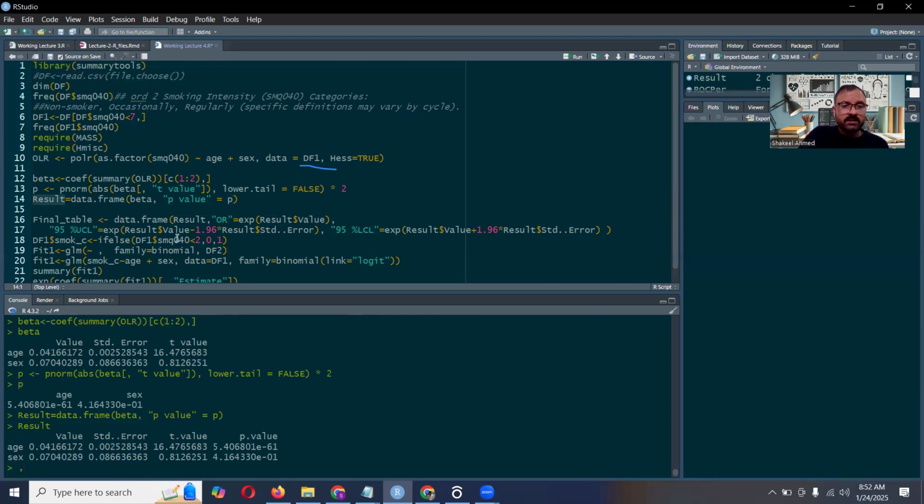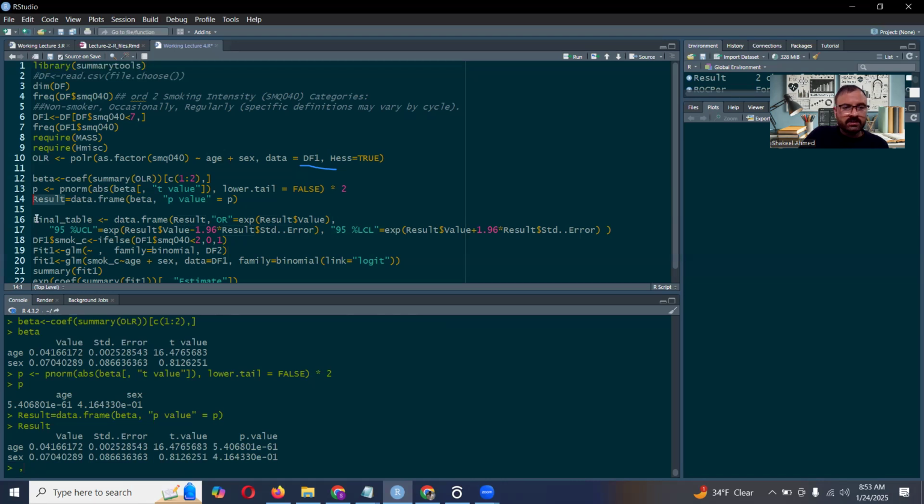Another thing is we need to report the odds ratio, as I have already said. The odds ratios are the exponentiated estimates, and we can also find the 95% confidence interval: estimates minus 1.96, assuming normal, times the standard error.